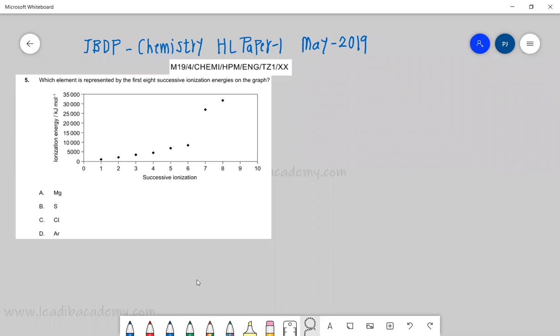Hi. So let's look into question number 5. The question being asked is, which element is represented by the first 8 successive ionization energies on the graph? So first of all, ionization energy. What is meant by ionization energy?